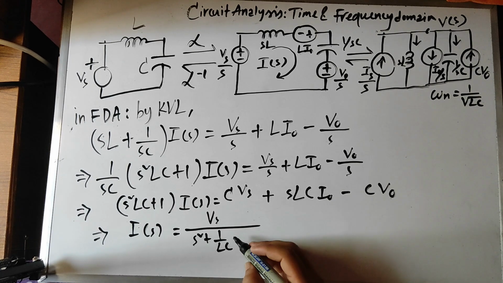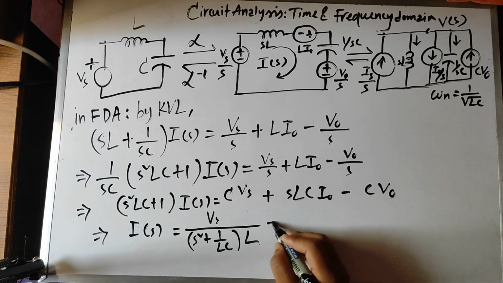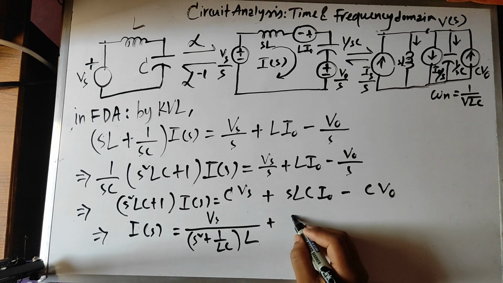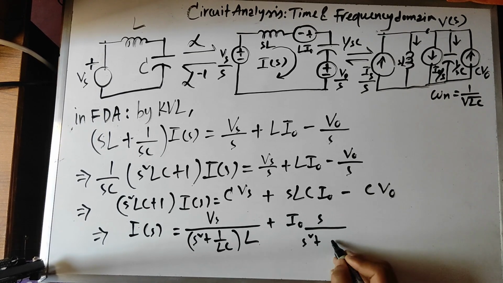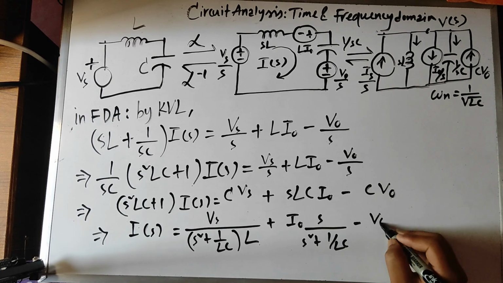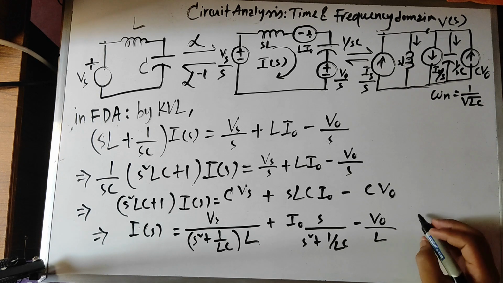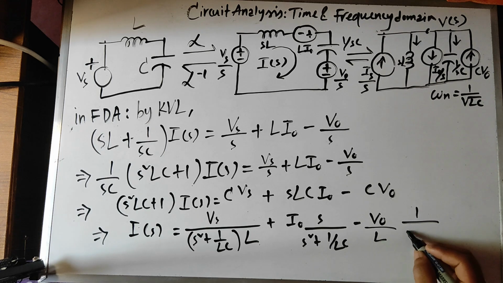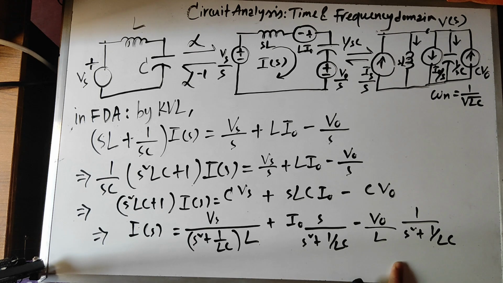So, Is = Vs/L times 1/(S² + 1/LC), plus Io·S/(S² + 1/LC), minus Vo/L times 1/(S² + 1/LC). I hope you understand what I have done here.